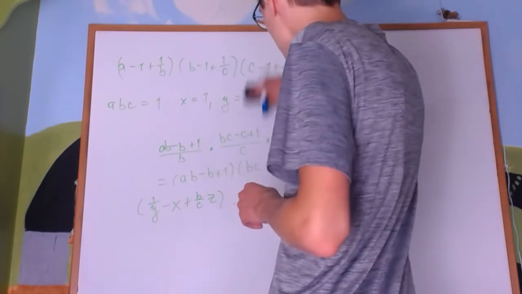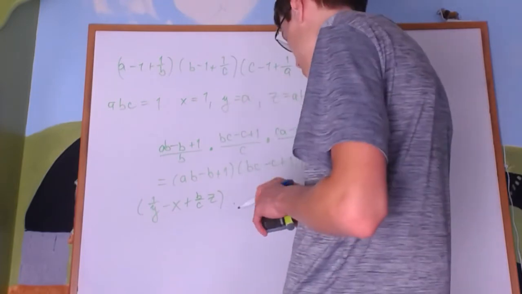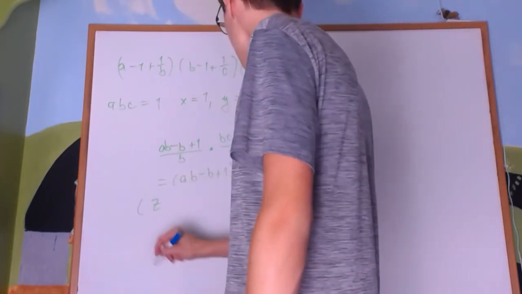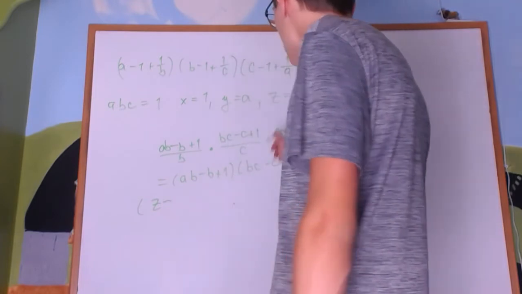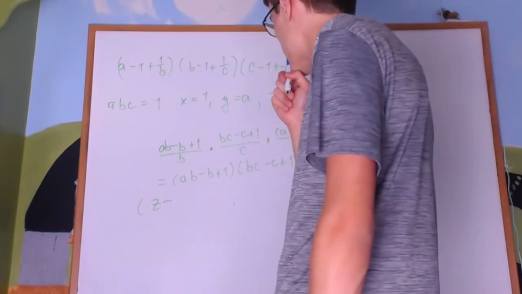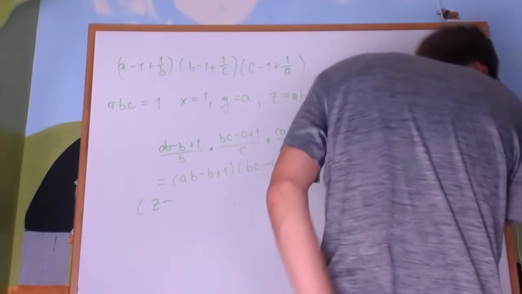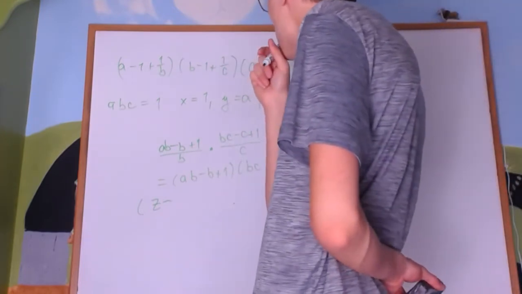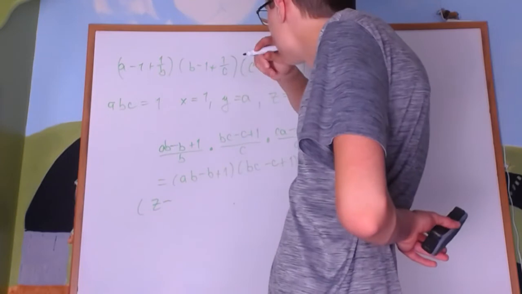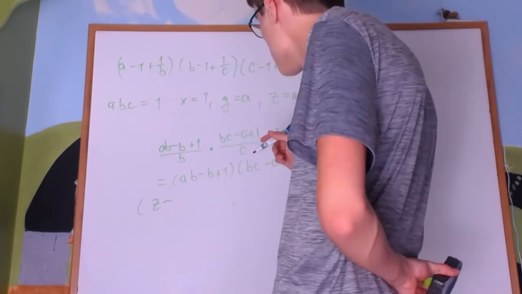So wait a minute, what if instead I did Y equals A, Z equals AB? I feel like in the form I have it right now, that would maybe help a little more. Z minus, now to get from Y to B, I have to do Z minus... is 1 over BC. Okay, BC.